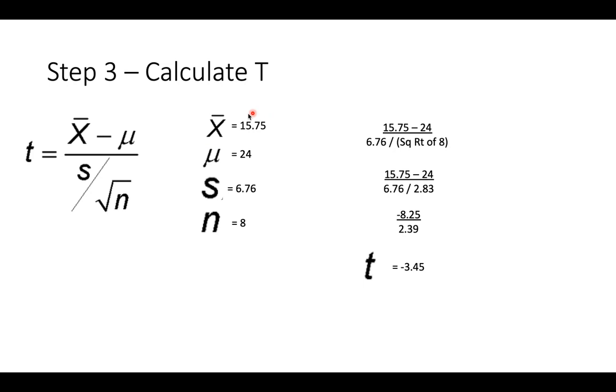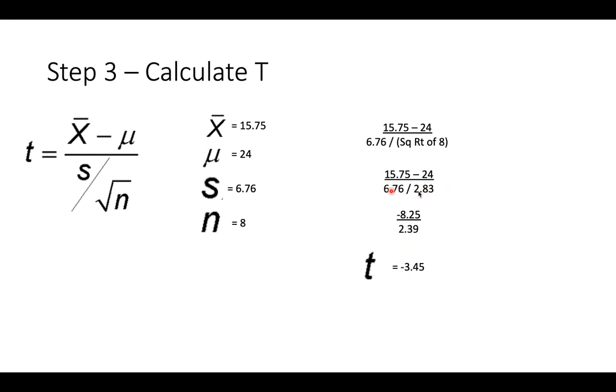Notice here that psychology majors are below the mean. 15.75 is less than 24. So that's going to cause this whole formula to become a negative number, right? Because the numerator is going to be negative. If our psychology majors scored greater on the BDI than our population, then the numerator would be positive and it would cause our t-value to ultimately be positive.